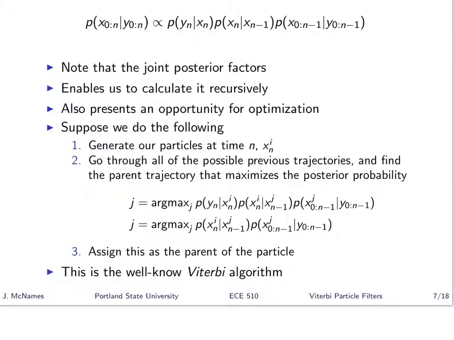There may be multiple values of the state that have the same parent, and there may be some parents that are abandoned. But we've got an efficient way to look back and find the most probable parent for every value of the state that we want to evaluate.